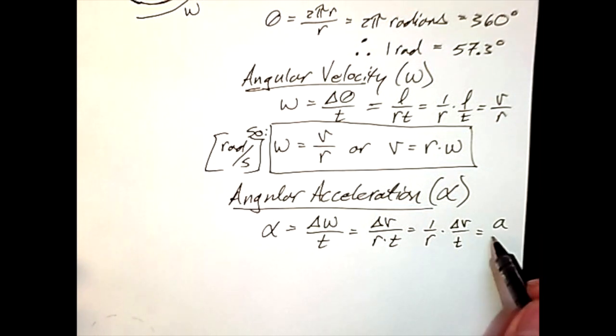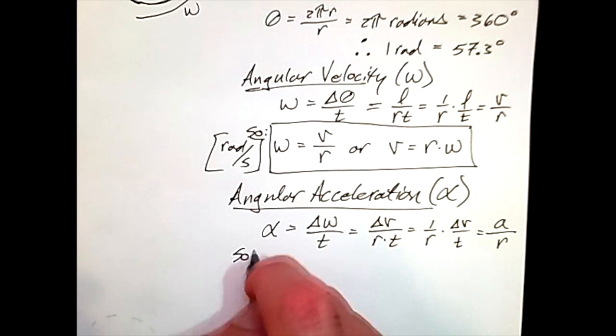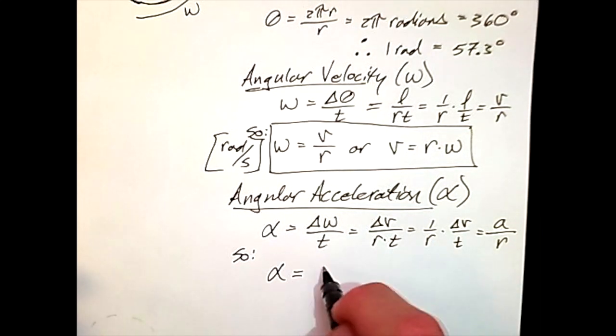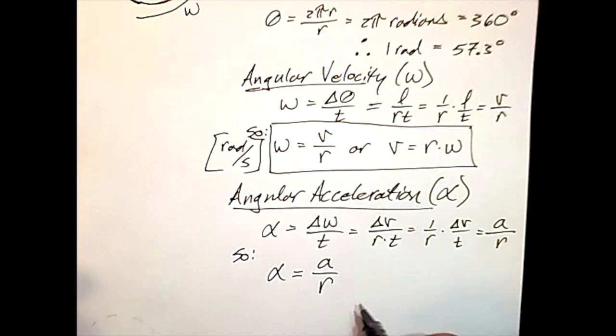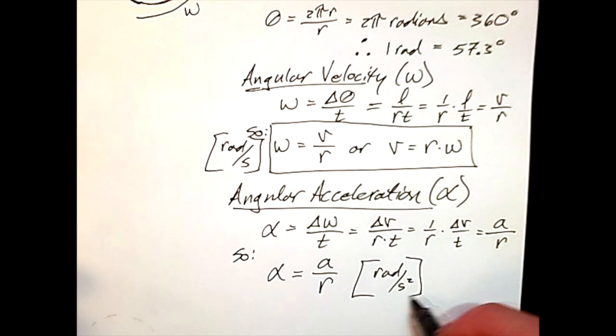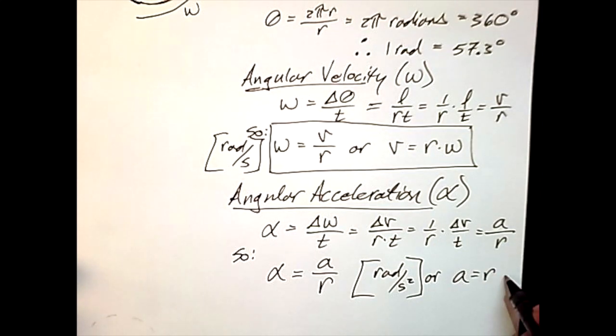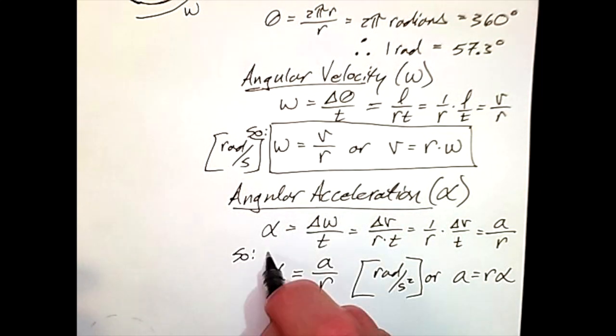Acceleration as the tangential acceleration, or the straight linear acceleration over r. So we see that alpha is equal to our linear acceleration divided by r, measured in radians per second squared. Or another way to say this is that our linear acceleration is equal to radius times our angular acceleration.